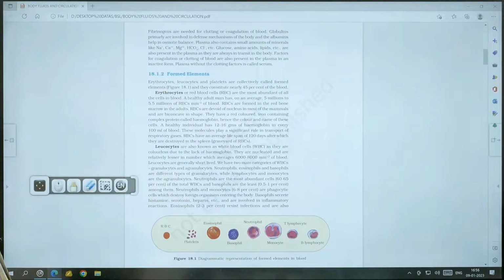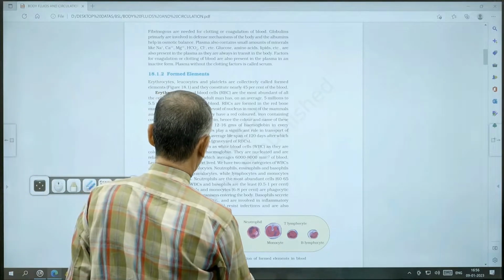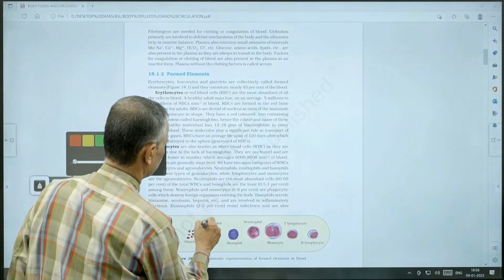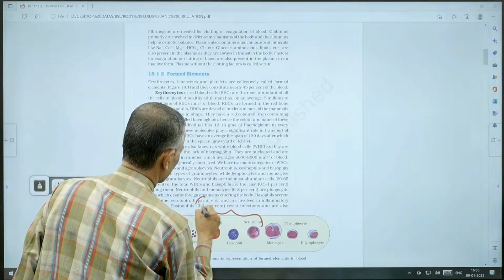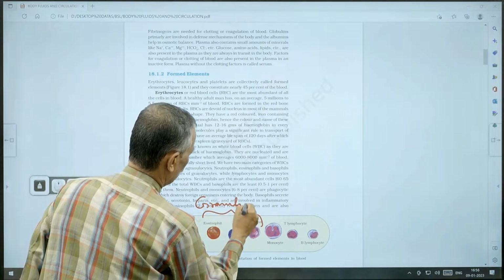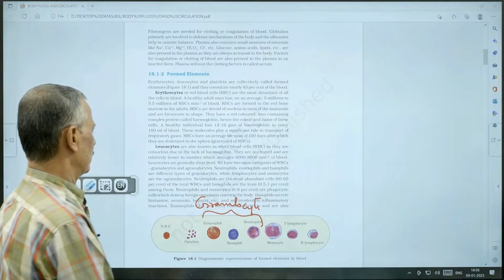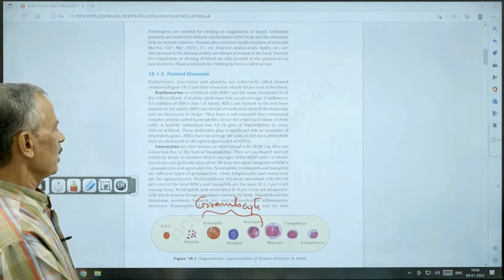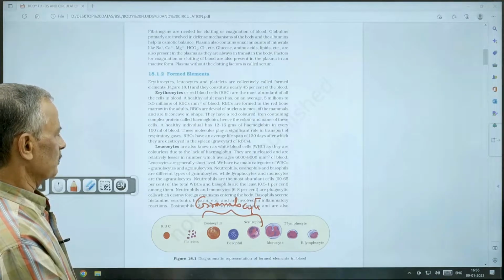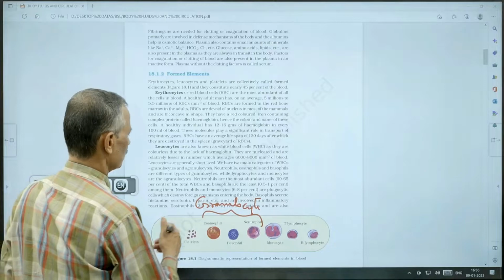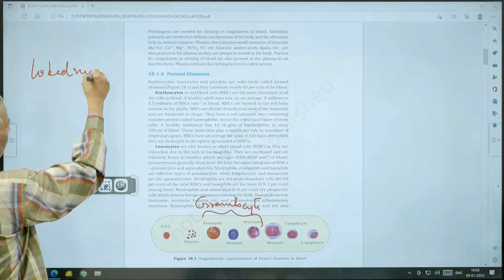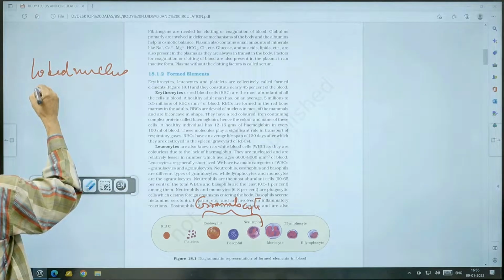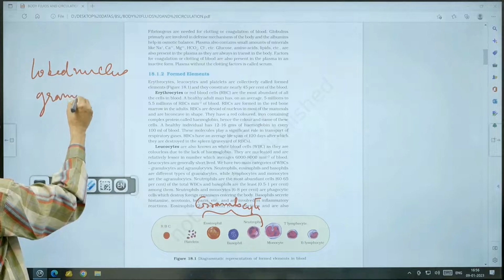WBCs can be classified into two categories, namely granulocytes, they are having granules in their cytoplasm, and the nucleus is lobed nucleus, and cytoplasm will be having granules.